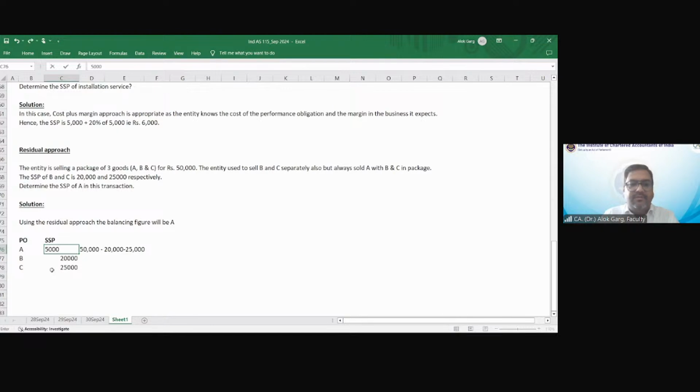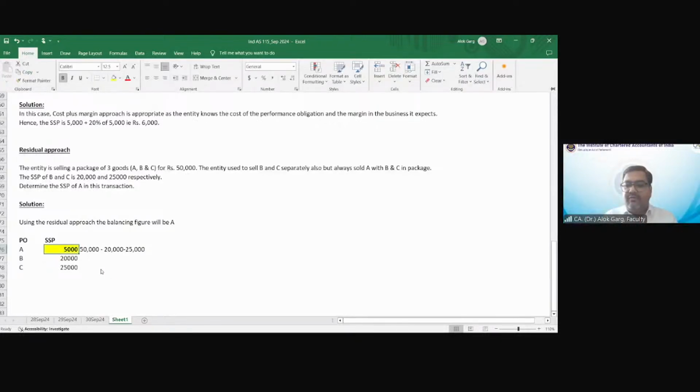This is the value of A using the residual approach.